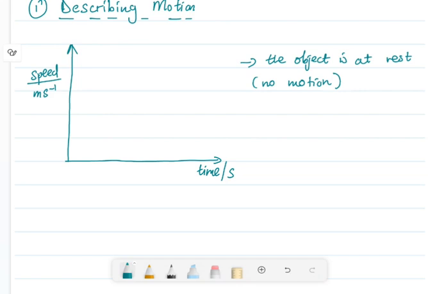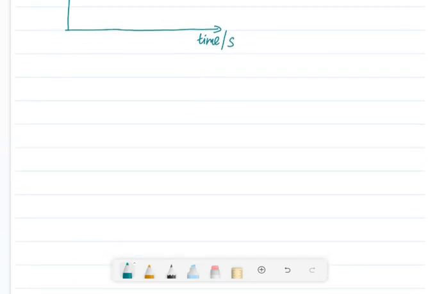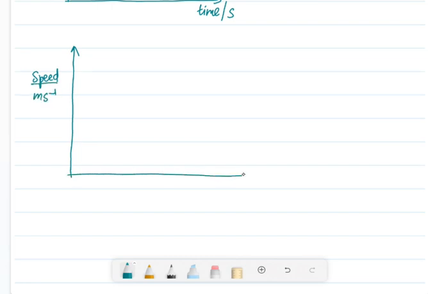Okay. And then once we have a graph with lines inside, for example, let's say we have something like this. Speed here in meters per second, and then time on the horizontal axis in seconds.